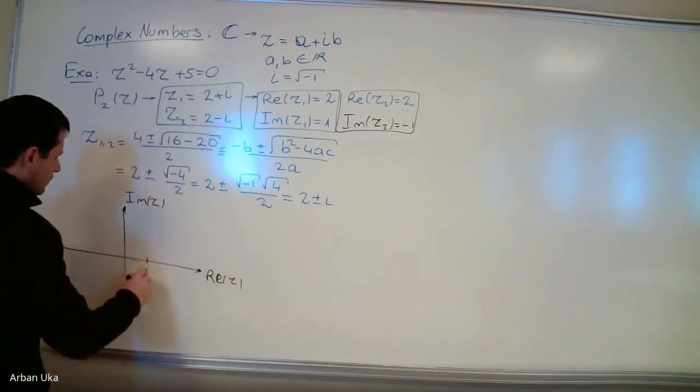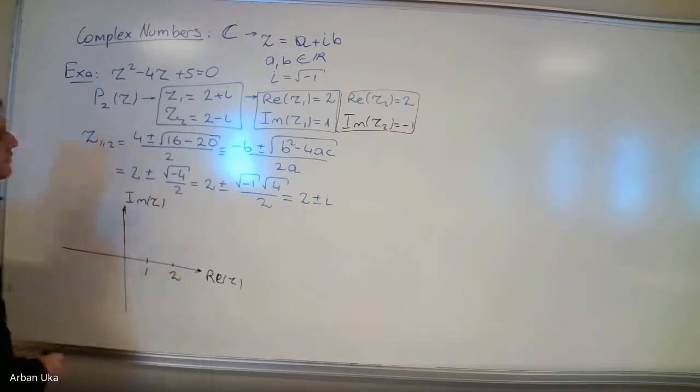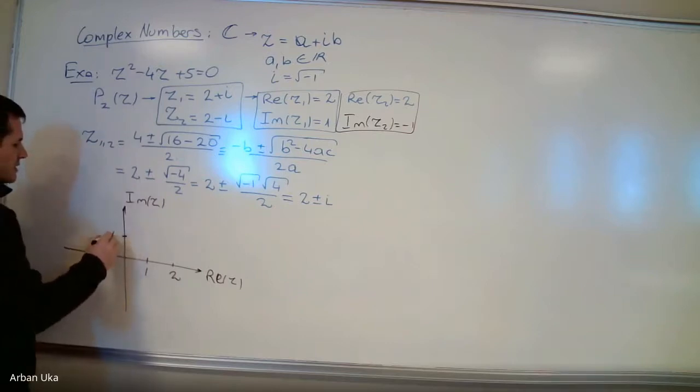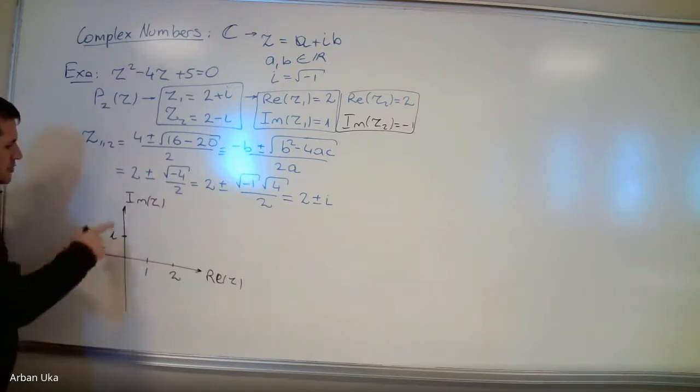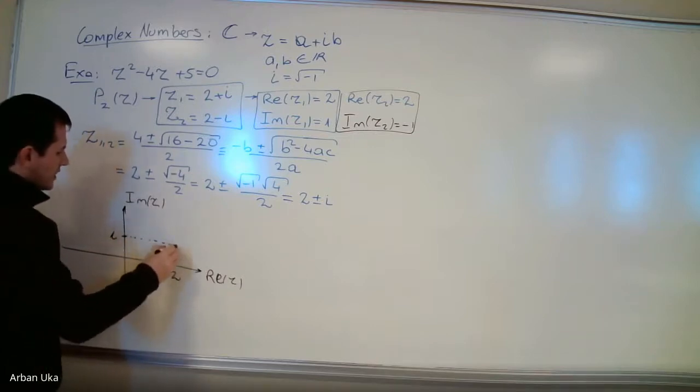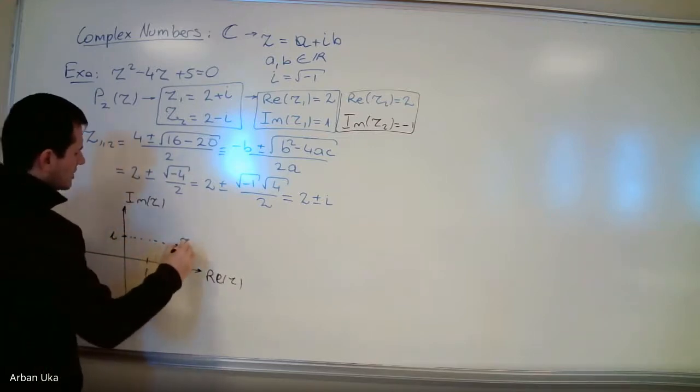So the real part of z1 is equal to 2, we write 1 here, this is 2, and the imaginary part of z1 is i. Because the imaginary parts we denote in the vertical axis, z1 is right here.